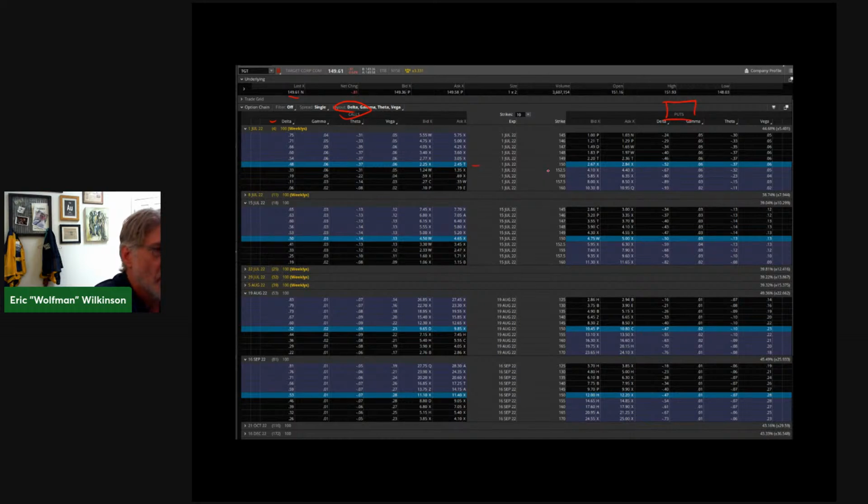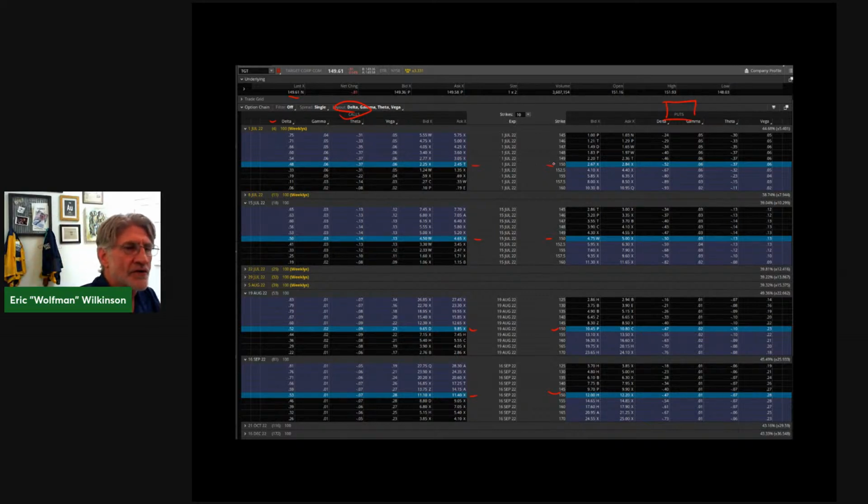So I started picking out the 150s here. What does this say about this underlying? Those are the 150s. I want you to just look at the delta, because we're going to expand a little bit on this skew here.